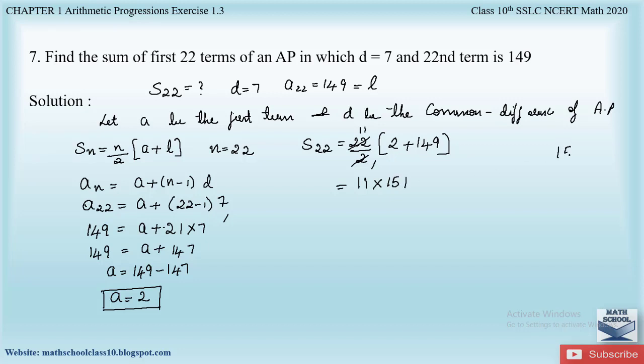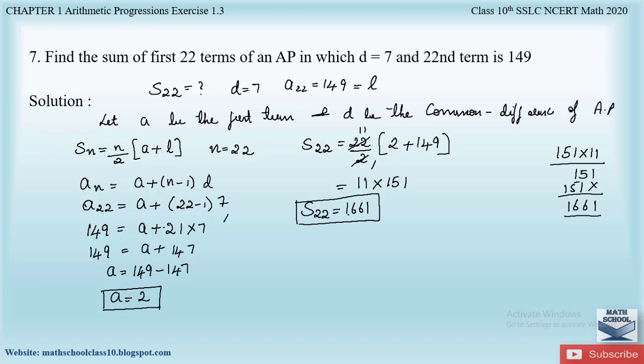Let us multiply 151 into 11: 1 comes down, 5 plus 1 is 6, again 5 plus 1 is 6, and again 1 comes down. Therefore the sum of the 22 terms is equal to 1661. So this is the result.